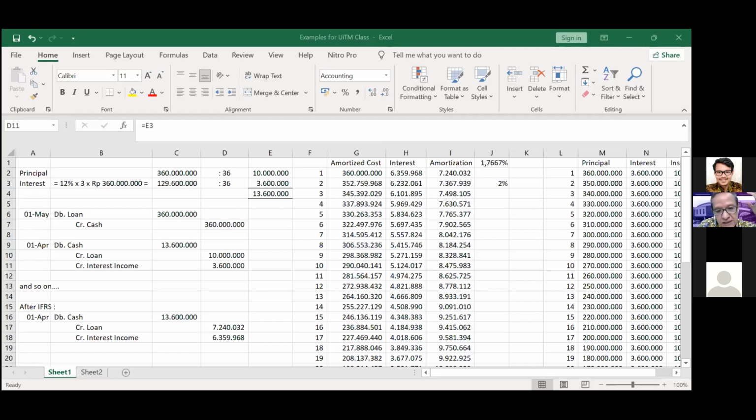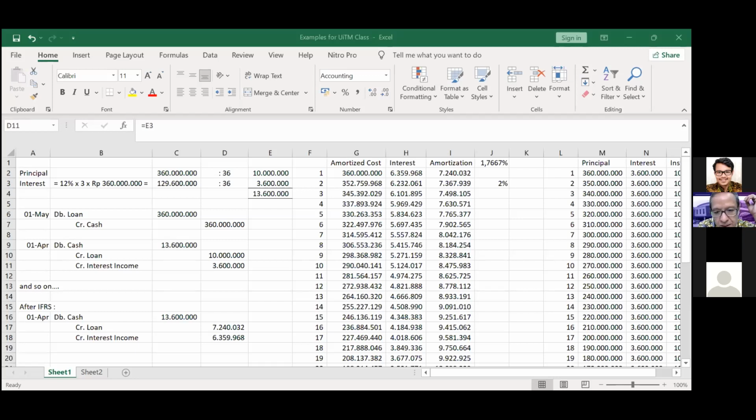The loan loss provision is the present value of contractual cash flow deducted by the present value of expected cash flow. The expected cash flow must be less than the contractual cash flow, because of financial problems in the debtor's company, they cannot pay as much as the contractual cash flow anymore. So this must be less than this. Then the difference is the provision for loan loss.